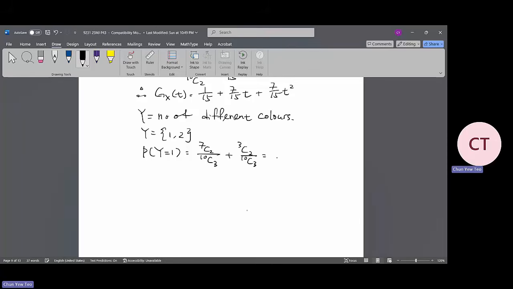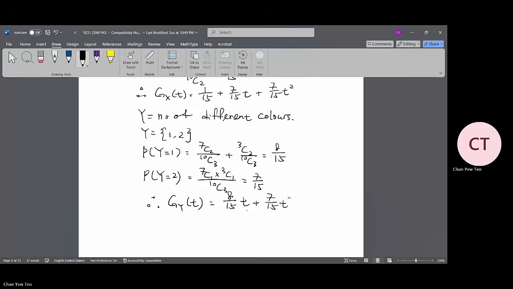If you add them up, you get 8 over 15. Then P(Y=2) means one of them is red and one of them is blue. That will be 7 over 15. Therefore, your PGF for Y is 8 over 15 plus 7 over 15 t squared.